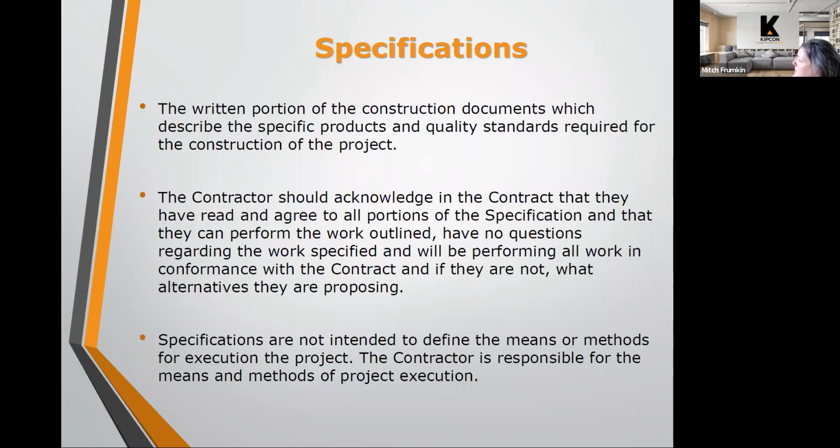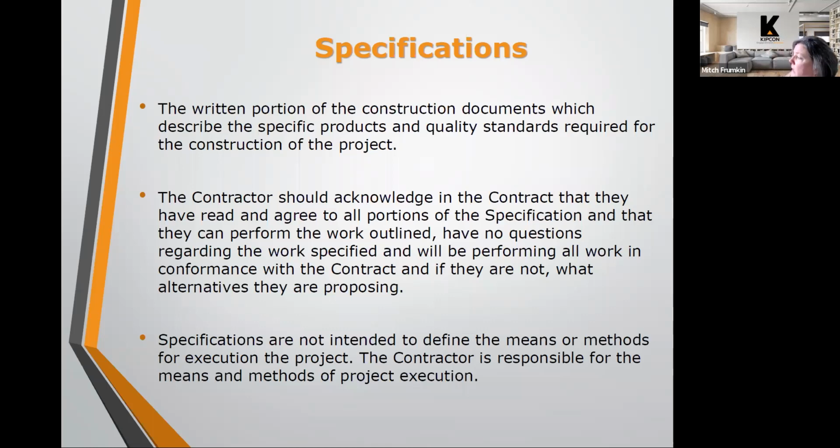It also describes in narrative form the scope of the project and what the qualifications of the contractor need to be for that project. They also contain the bid form the contractor will fill out with their pricing, and if that contractor is selected, that actually becomes an attachment to the contract, because that's the basis for the pricing of the contract.